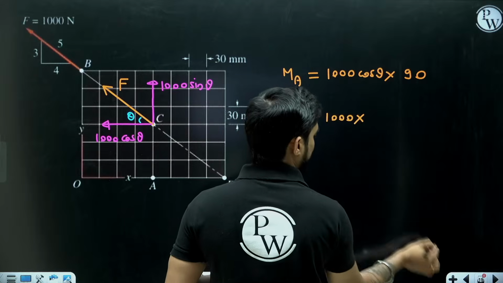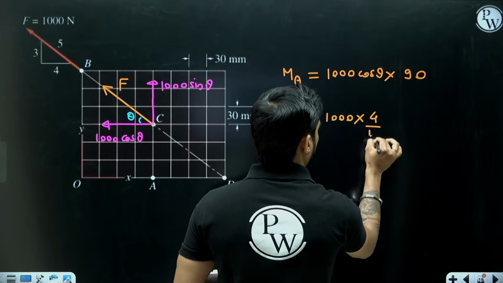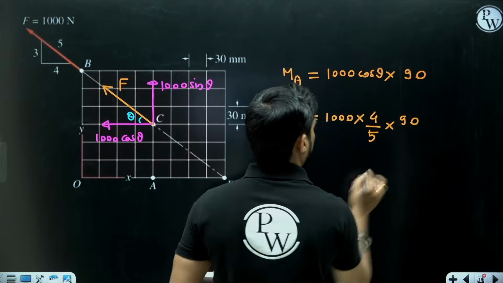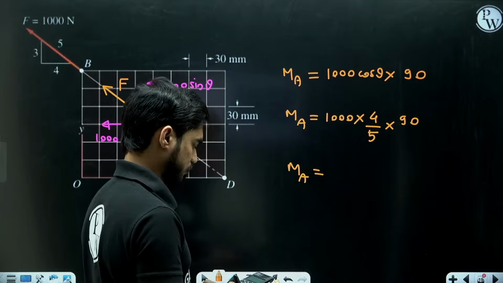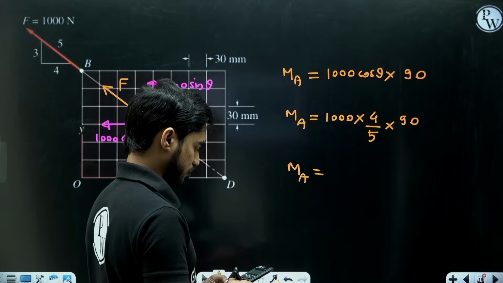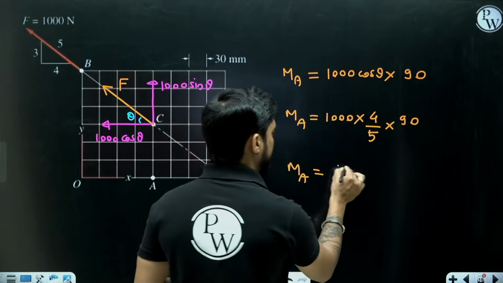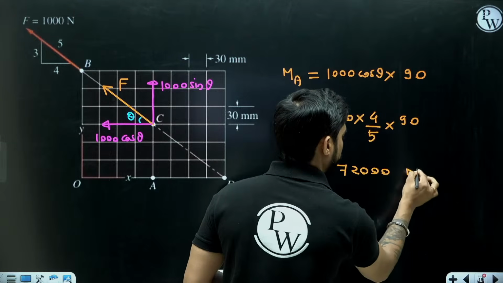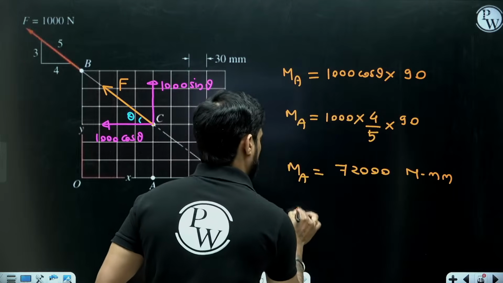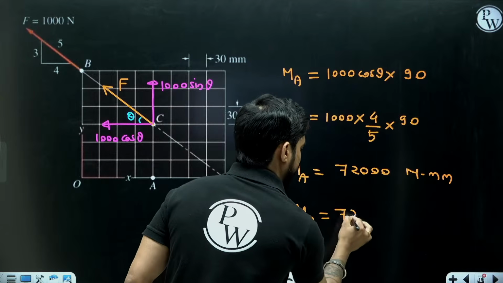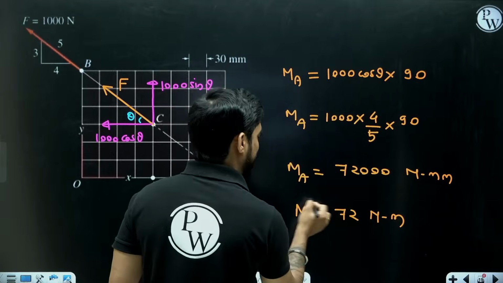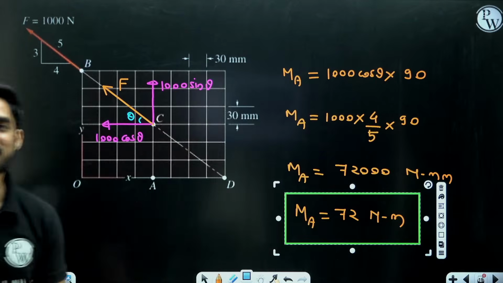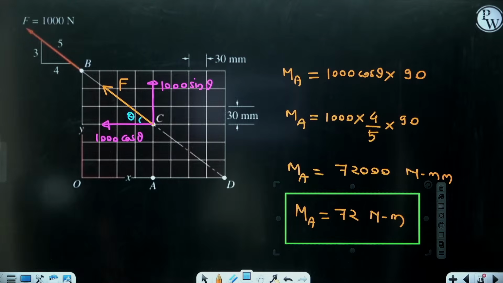And the value of cos theta is 4 by 5. So what will be MA? We are getting 72,000 Newton mm or 72 Newton meter. So we are getting the same value. Can you see that? 72 Newton meter.